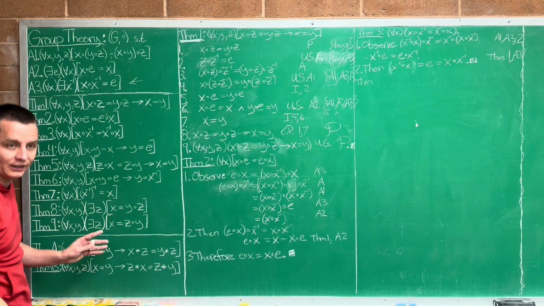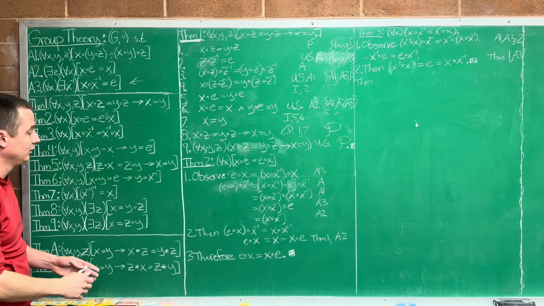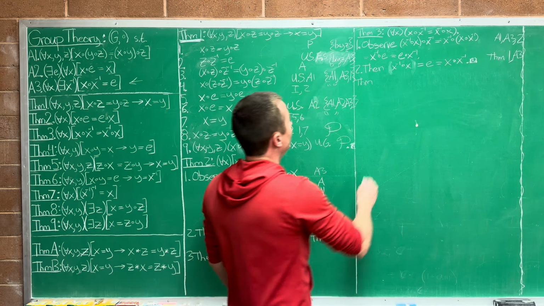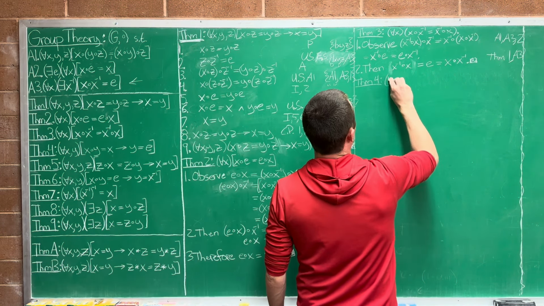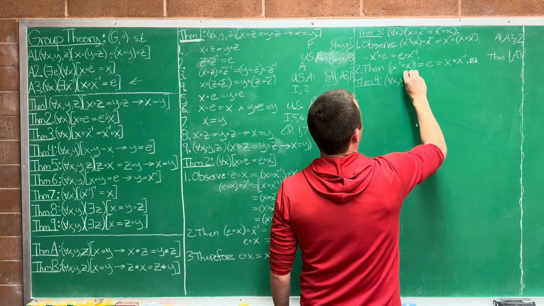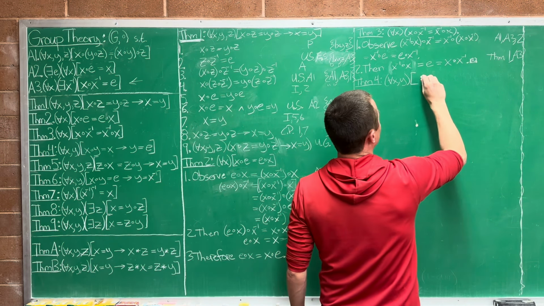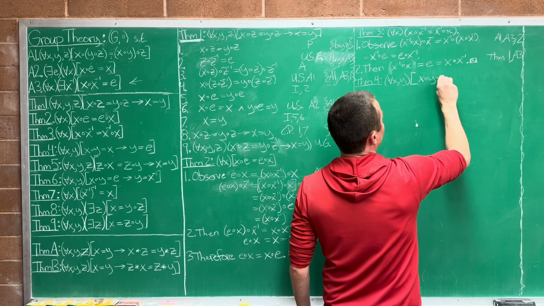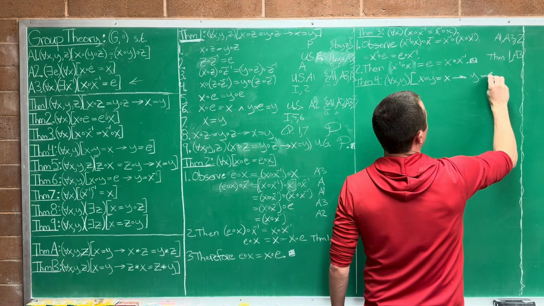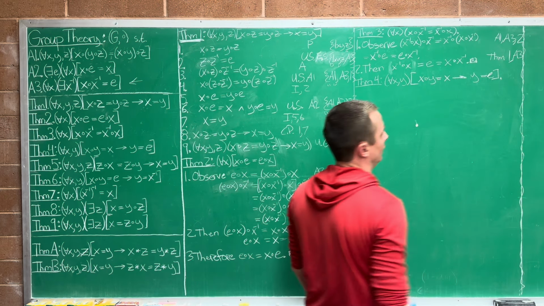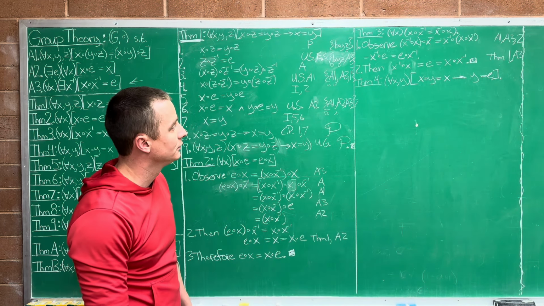It's the only thing that behaves that way. So for theorem 4, we want to prove for all x and y, if x circle y gets you back x, then y was secretly your identity element.